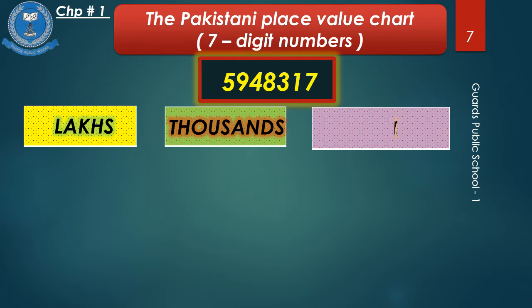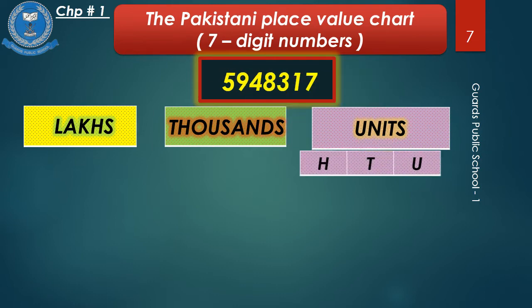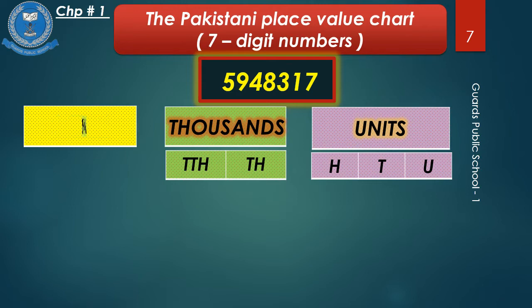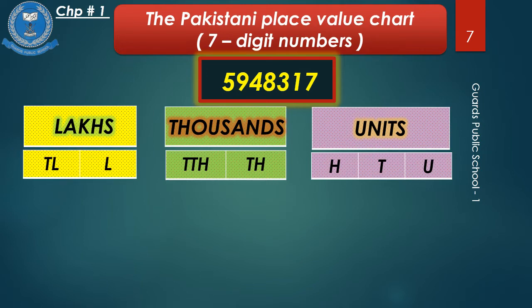Unit period or family is further divided into three places, that is units, tens and hundreds. The second period is of thousand. It is further divided into two places, thousand and 10,000. The third period is of lakh. It is further divided into two places again, lakh and 10 lakh.